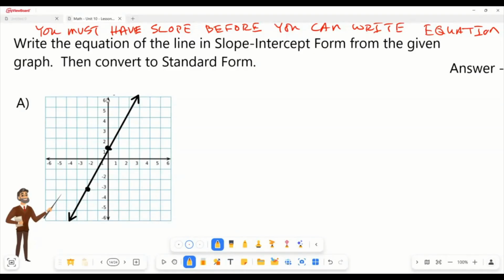The graph crosses the y-axis right here. What does that mean? Remember why the form called slope-intercept is called slope-intercept.